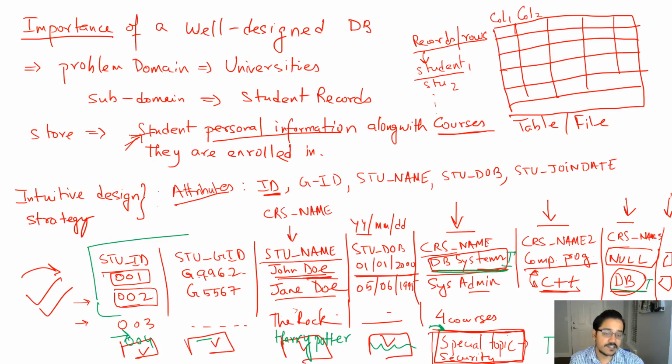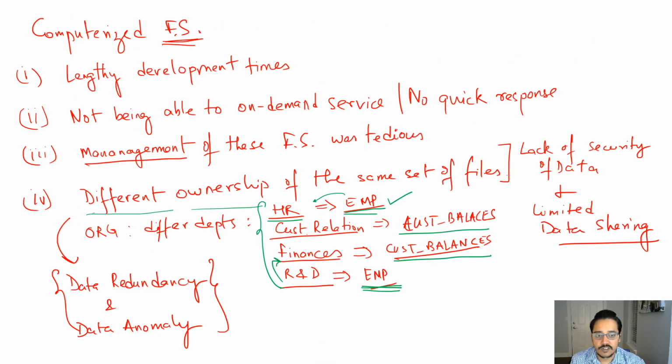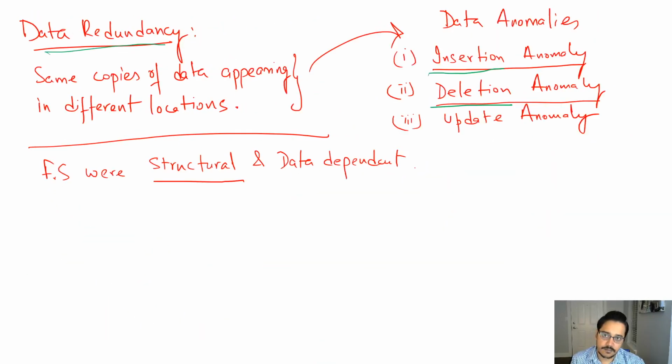So file systems were structurally and data dependent. And that led to all of these different anomalies. You can have insertion and deletion anomalies in the presence of data redundancy, but you can also have them in its absence as well, right?